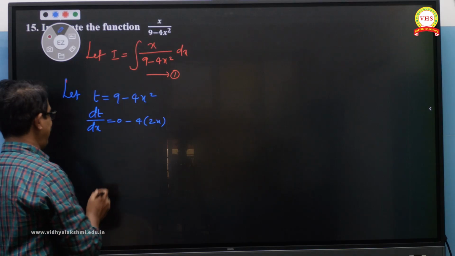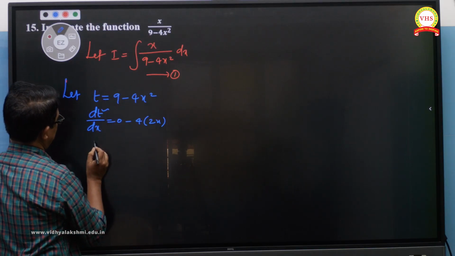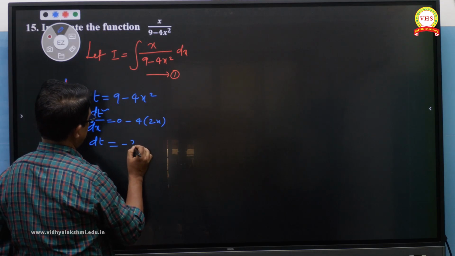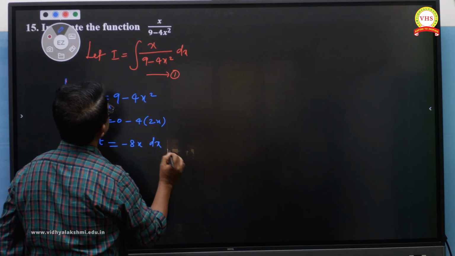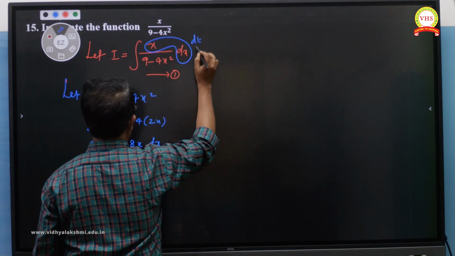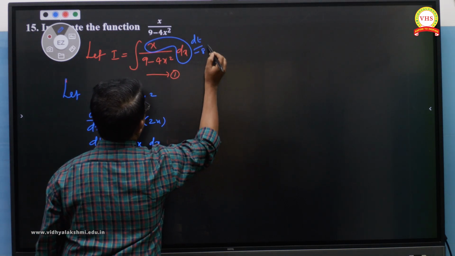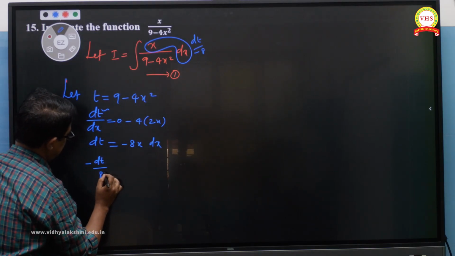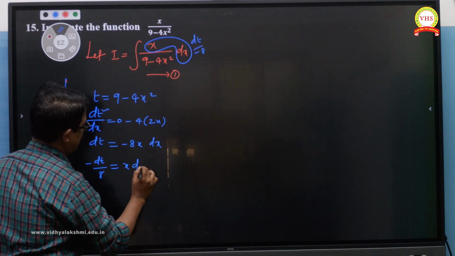I need only in terms of t, so dt equals minus 8x into dx. Here we have only x into dx, so the extra is a constant, divided by minus 8. That means minus dt by 8 equals x into dx.